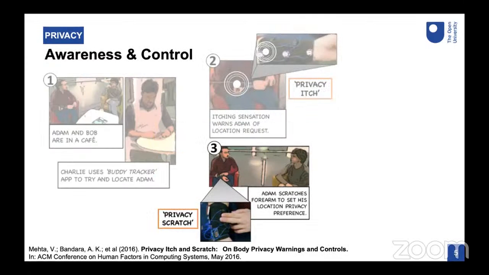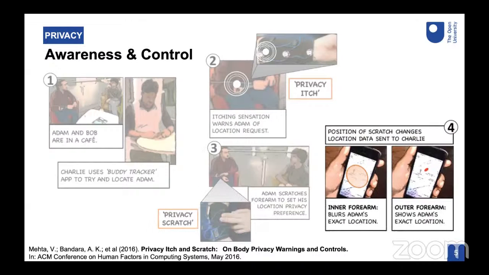And then Adam can react to that, respond to that, take control essentially by scratching his forearm to set his privacy location preference. And that's the metaphor of a scratch. And by doing that, depending on where he scratches his forearm, he can decide whether he should provide his exact location to Charlie or a more vague general location, or perhaps not to share his location at all.